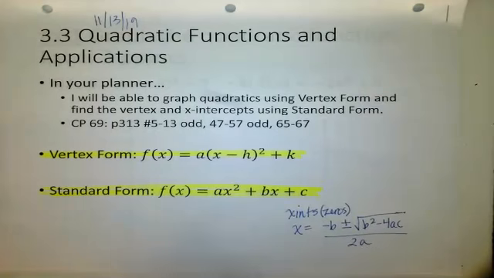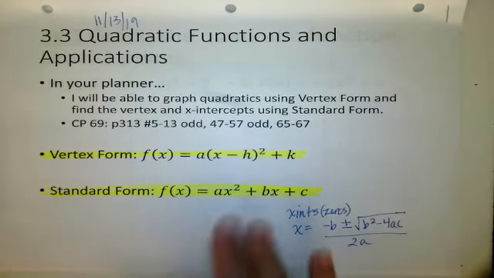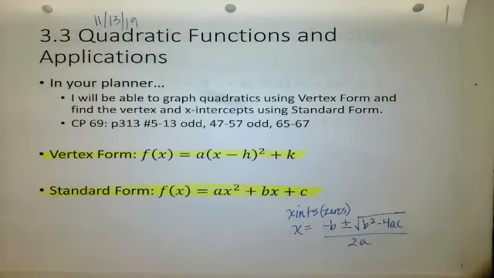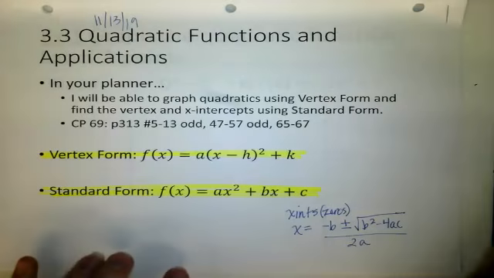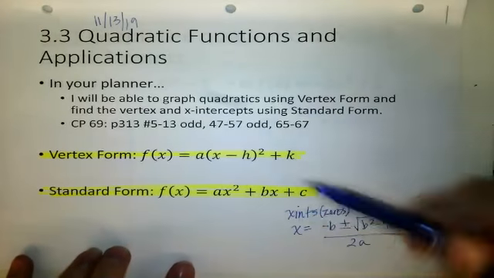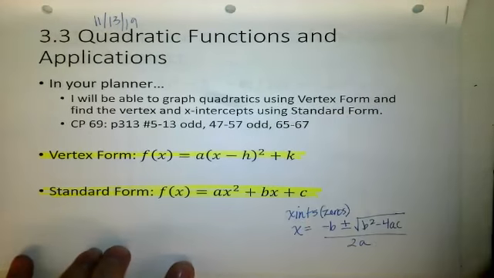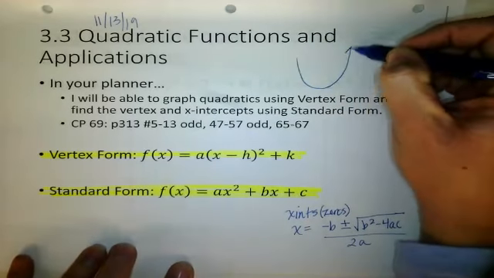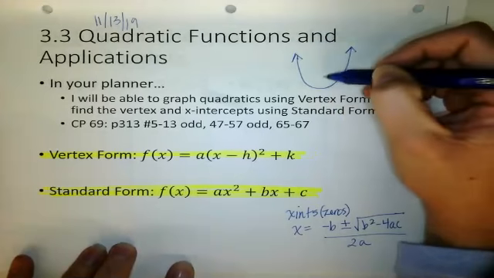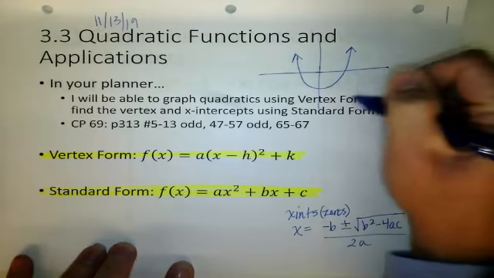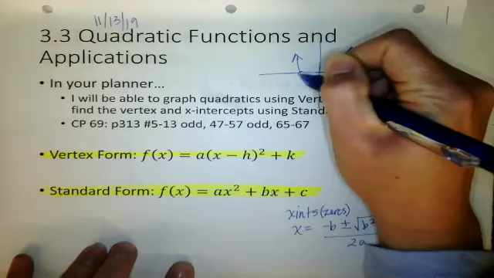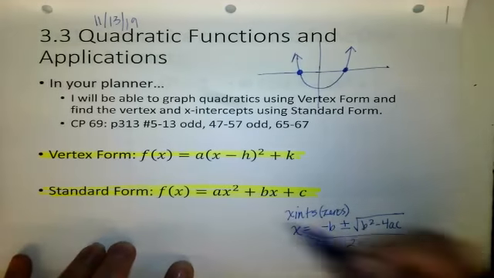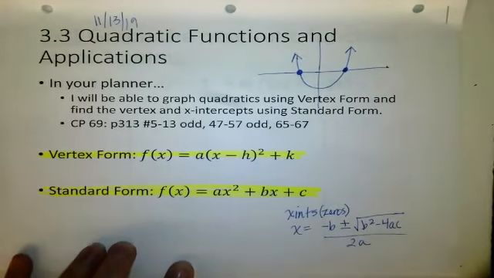When you're in standard form, you can use the quadratic formula pretty easily to find those x-intercepts. Both of these are x-squared functions, so they both have the same parabolic shape, which means they're going to cross the axis somewhere. So we can find these x-intercepts this way if you're in standard form, using the quadratic formula.